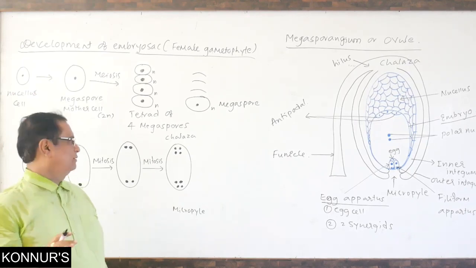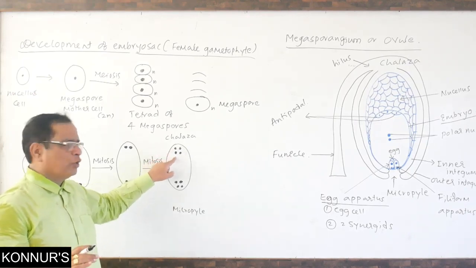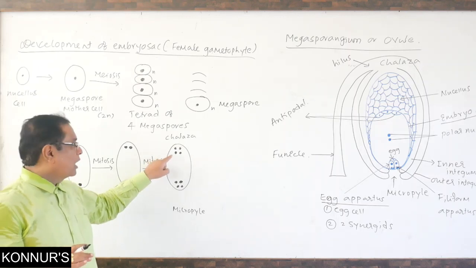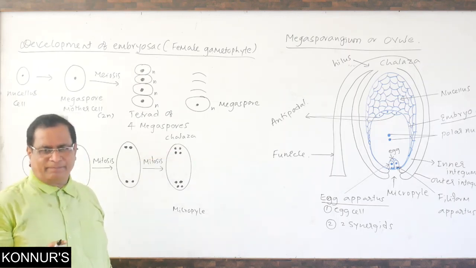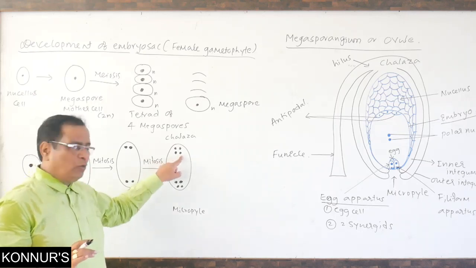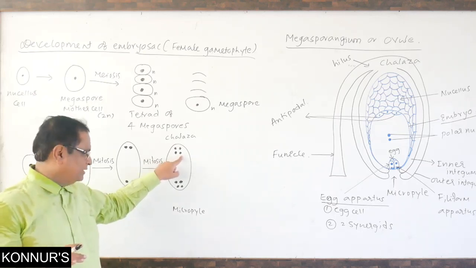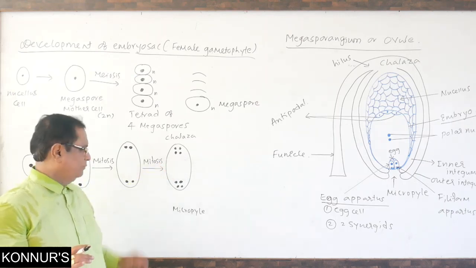During this, among these 4 nuclei, around 3 nuclei, cell wall is formed, and 1 nucleus, haploid nucleus, is remained from this.